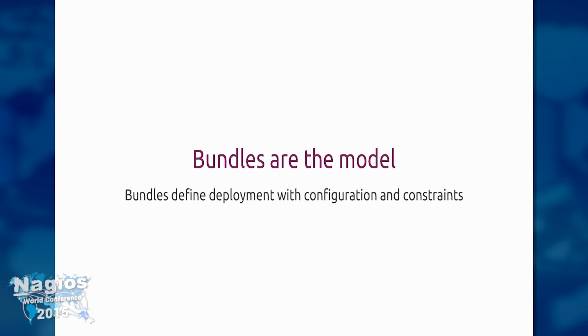But how do we make a bigger model? We build it with charms, and we make a bundle. A bundle is essentially a collection of charms, all their configuration, all their relations, and then there's something else called constraints.